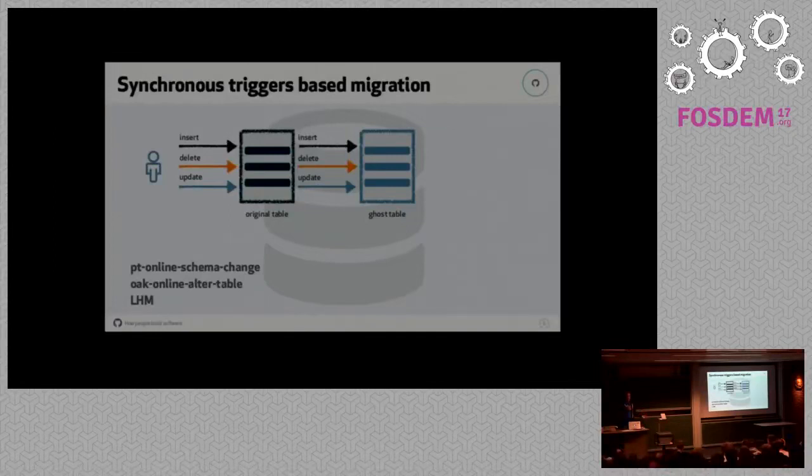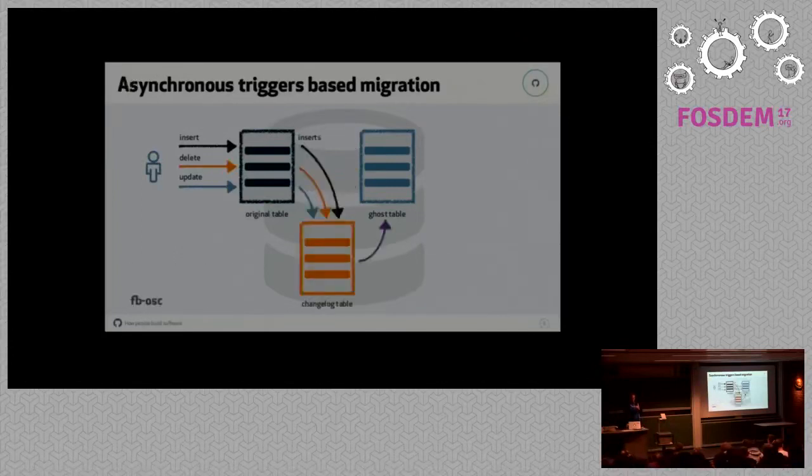So all the things happening on the original table will also happen on your new table. And then, of course, it also needs to copy rows from the old table to the new table, because not all rows might be touched while the online schema change is running.